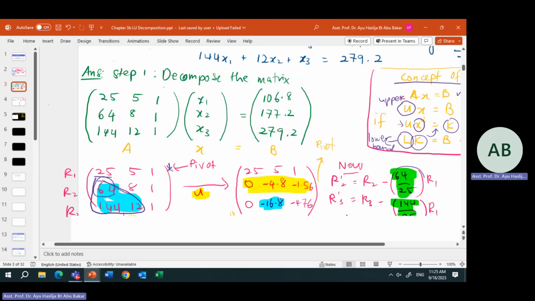So this is the factor to zero this part. Try to calculate your new R2. Do you get the same value as mine?